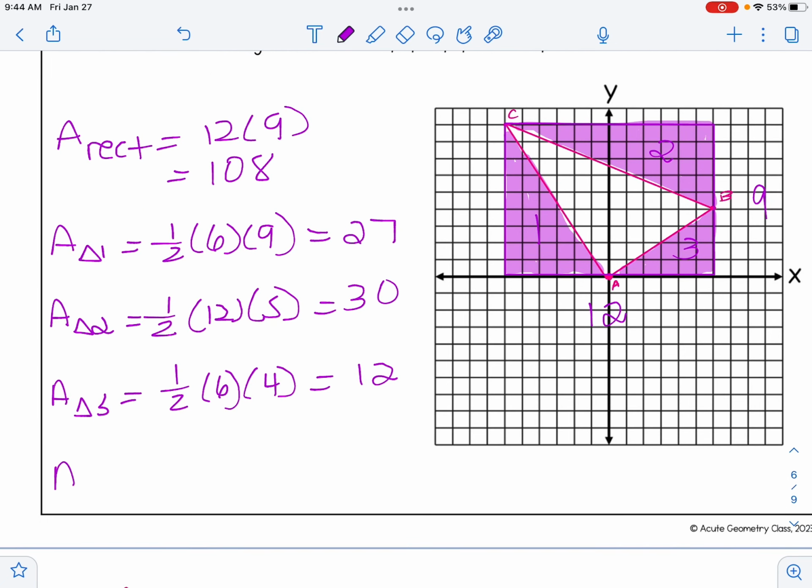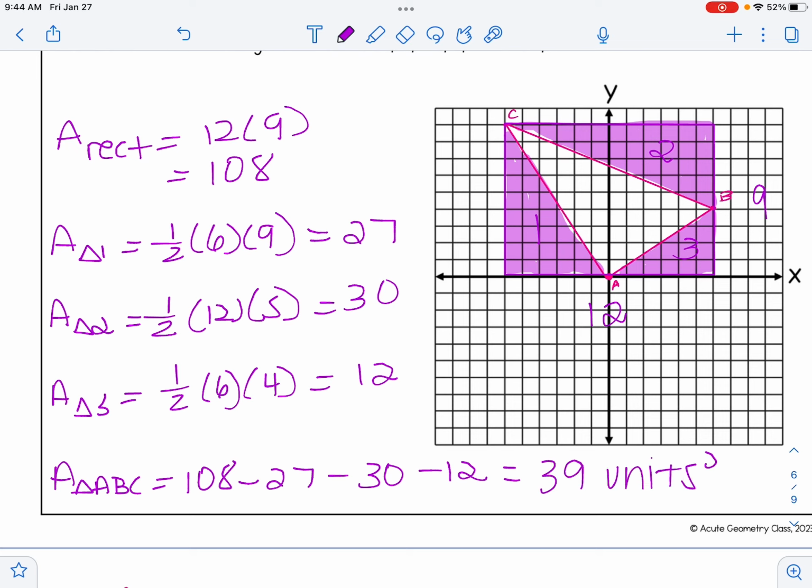So to finally get the area of triangle ABC, what we were asked for in this problem, we start off with the area of the box and subtract all of the surrounding triangles' areas. So 108 minus 27 minus 30 minus 12, and we get our answer of 39 units squared.